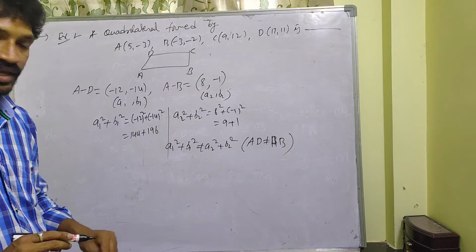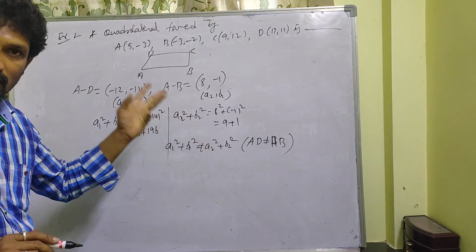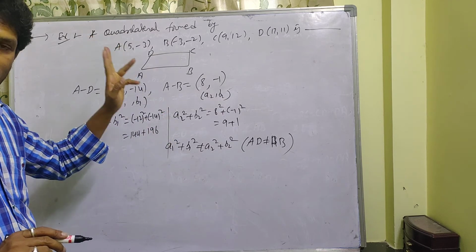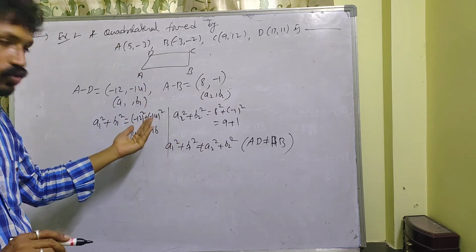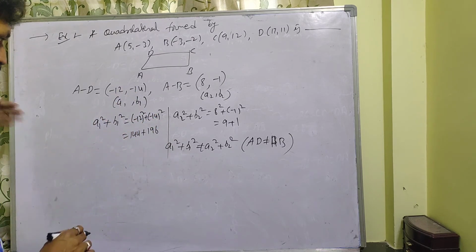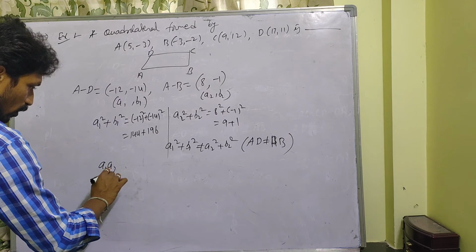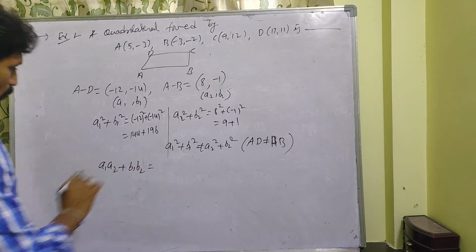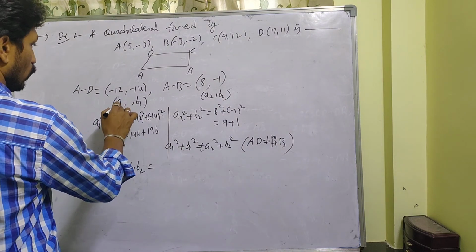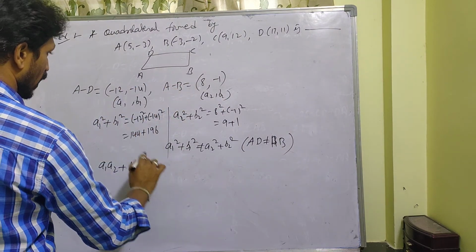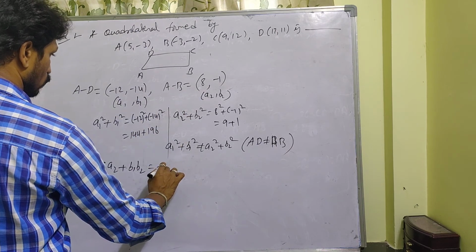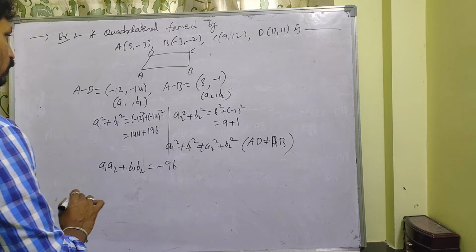Okay, so that means it may be a rectangle or a parallelogram. If you want to say it is a parallelogram, these two should not be perpendicular. If you want to say it is a rectangle, those two should be perpendicular. So what is the perpendicularity rule? A1 A2 plus B1 B2. A1 A2 means minus 12 into 8, that is minus 96.